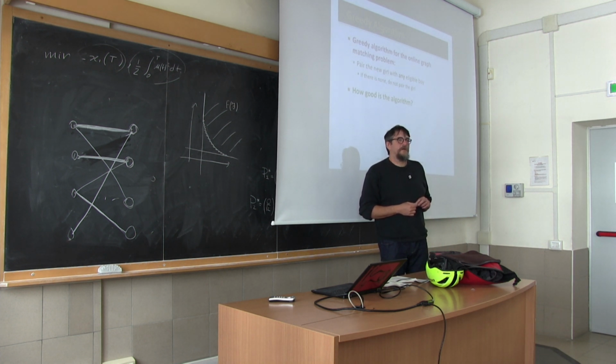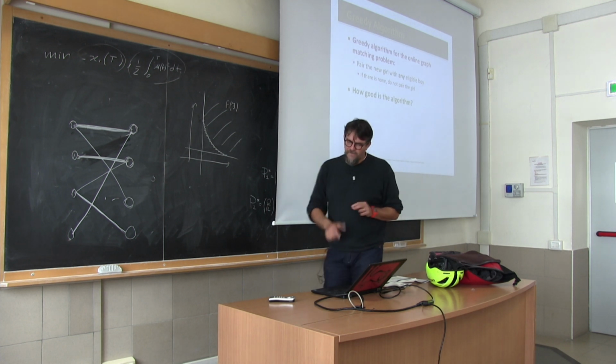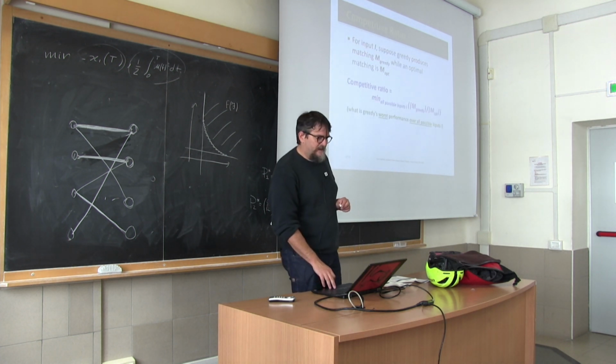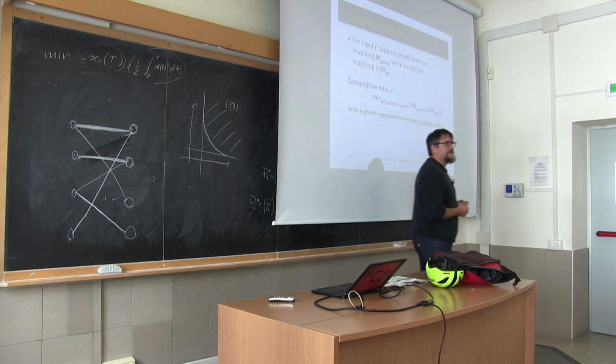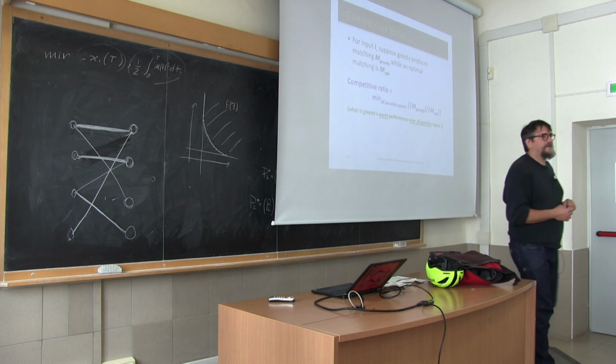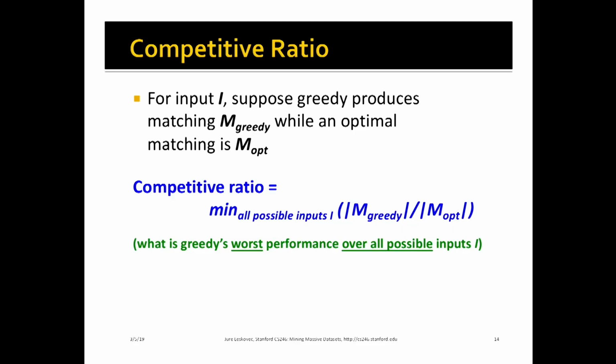How can we estimate the performance of the algorithm? In the case of an online algorithm, one of the possible techniques to evaluate its performance is the competitive ratio. What is the idea of the competitive ratio?